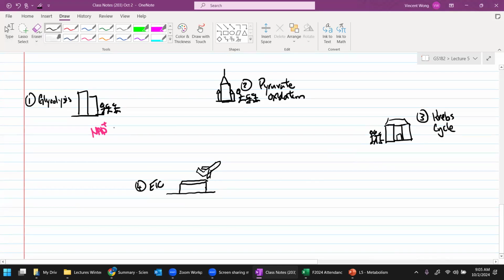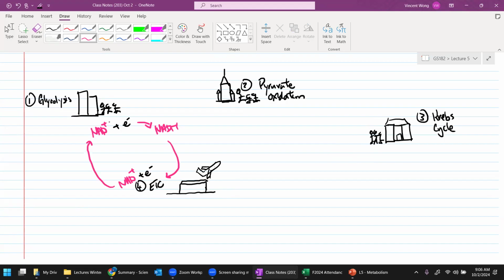So the NAD plus will pick up the electron, and then it becomes the NADH, which then takes it to the ETC. But at the ETC the electrons are going to get off, and then it's empty again, so it can go back to pick up more. And now the only limitation in this diagram is, just because you came from the first hotel, just because you came from the glycolysis, you don't necessarily have to go back there, right? You can go to other places to pick up electrons as well. Okay?